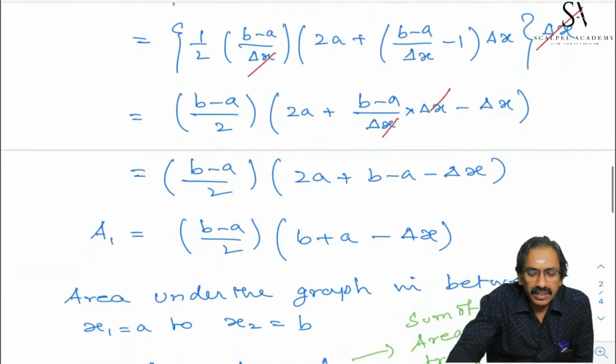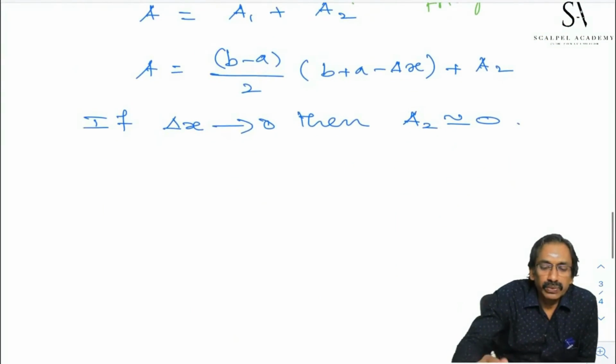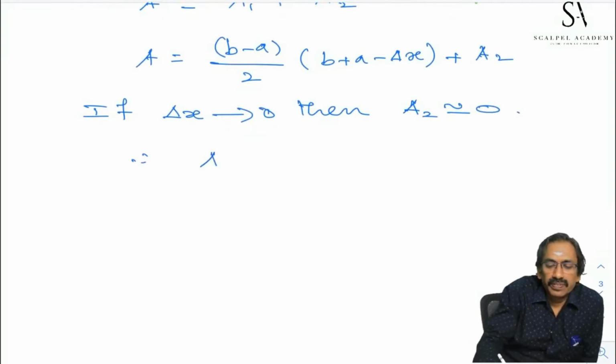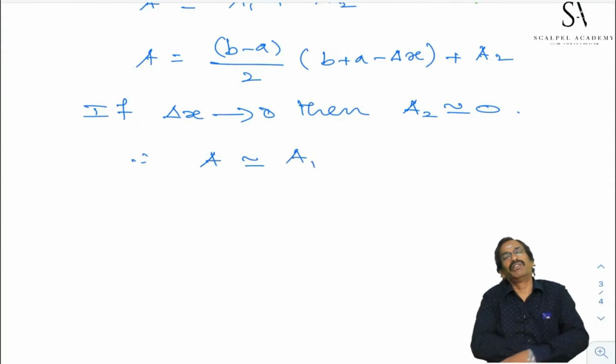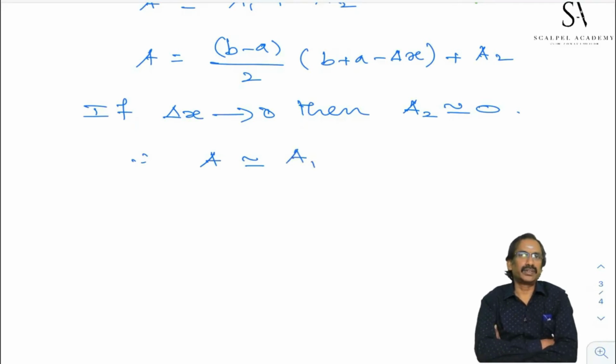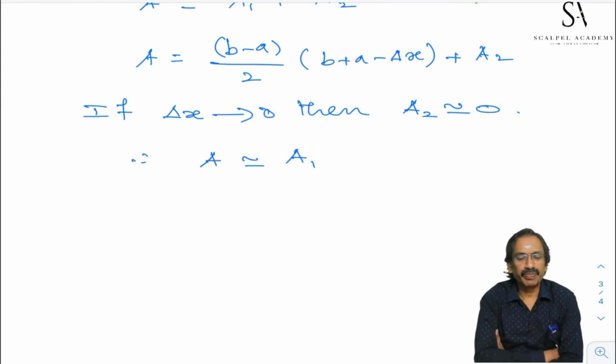Then we will get A is nearly equal to A1, the sum of the areas of rectangles. Then what is this area?